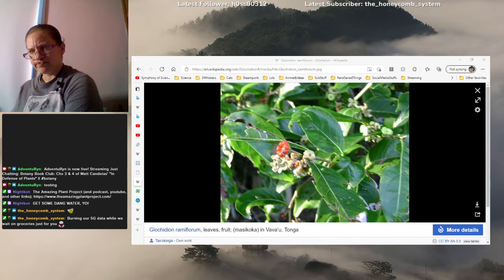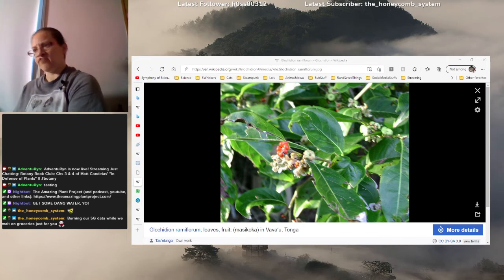Because a year later, after all of the fruits have fallen off the tree, is when the tree flowers again. So it's forcing the moths to stay in place so that they're there when it flowers again.